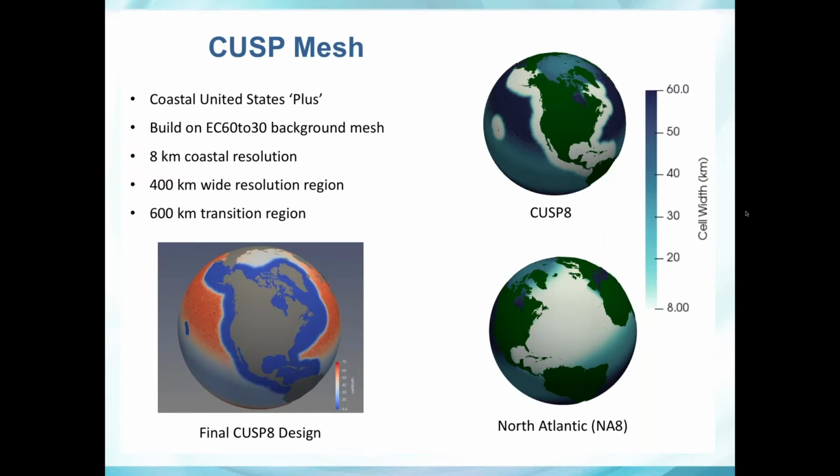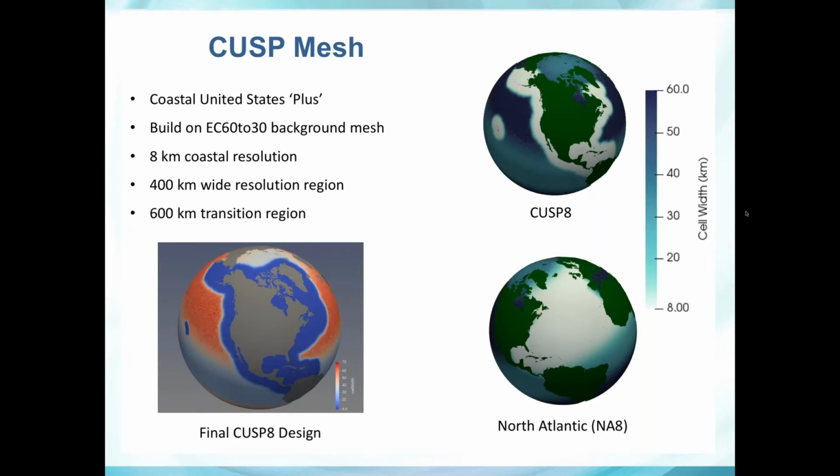We also made, on the bottom right there, a North Atlantic mesh that has 8-kilometer resolution throughout the North Atlantic. And we use this as sort of our high-resolution proxy, because a full high-resolution mesh would have been too expensive for our purposes. So for this study, we ran 10-year simulations on all of the meshes, did analysis on the last 9 years of that, and we used idealized atmospheric forcing, because that was a simpler setup and we felt a sort of cleaner study.